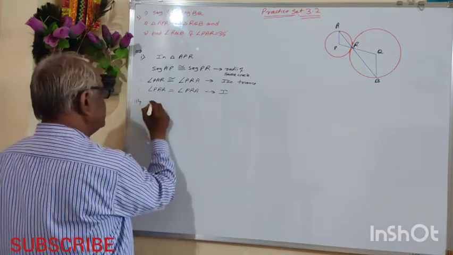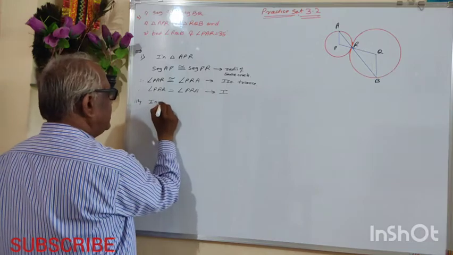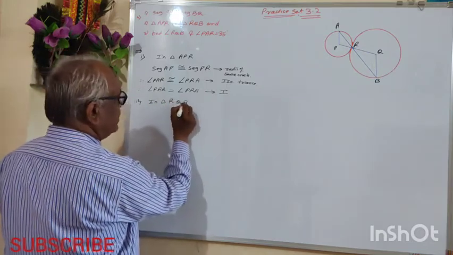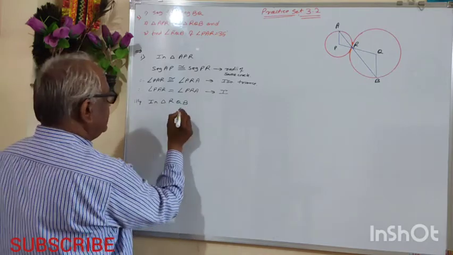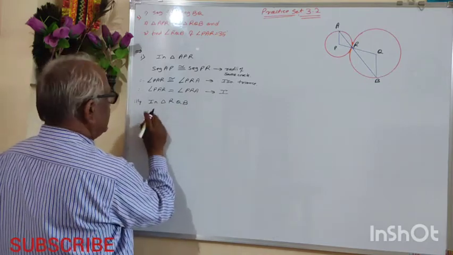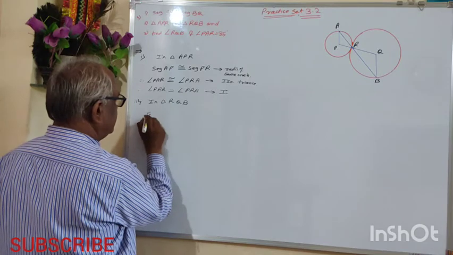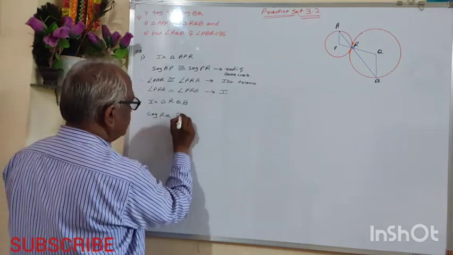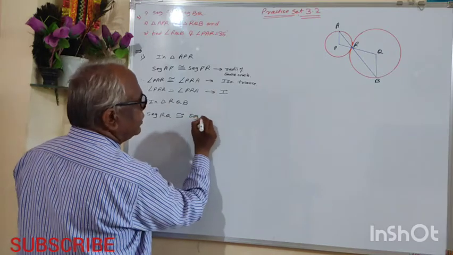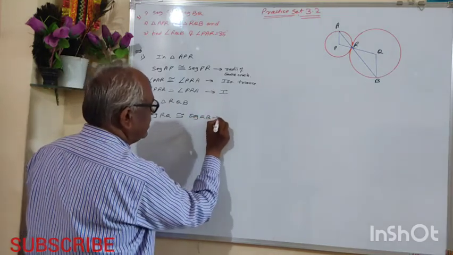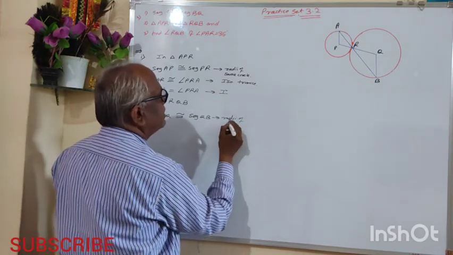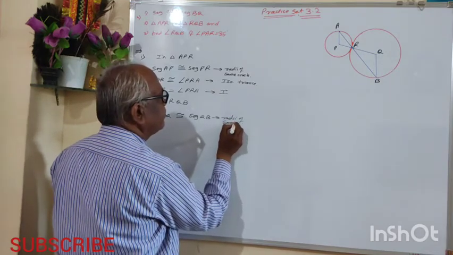Similarly, in triangle RQB, here also segment RQ is congruent to segment QB, that is, radii of the same circle.